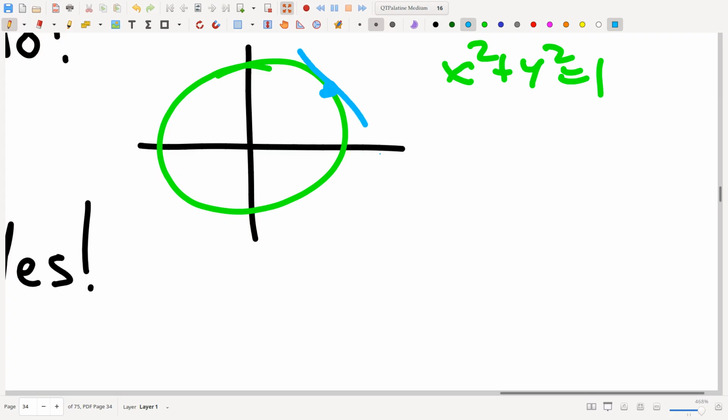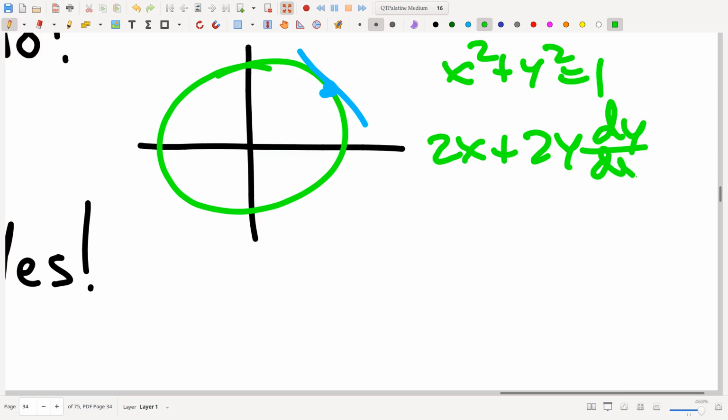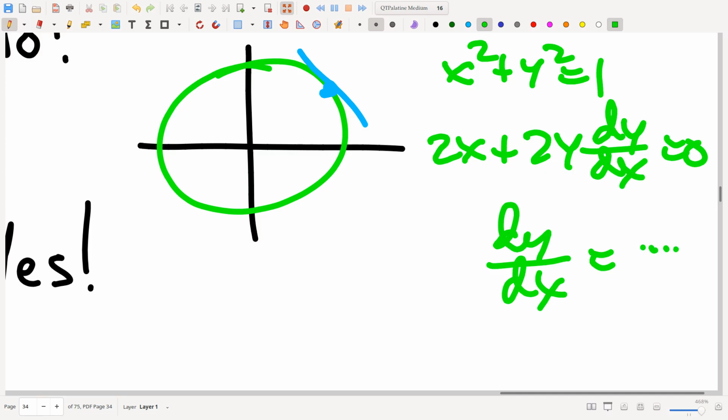Let's find dy dx. And so they start taking derivatives, and they'll write down 2x plus 2y dy dx equals 0, and then you solve for dy dx. Does that look familiar to everybody? Y'all have seen something like that before? Perhaps.